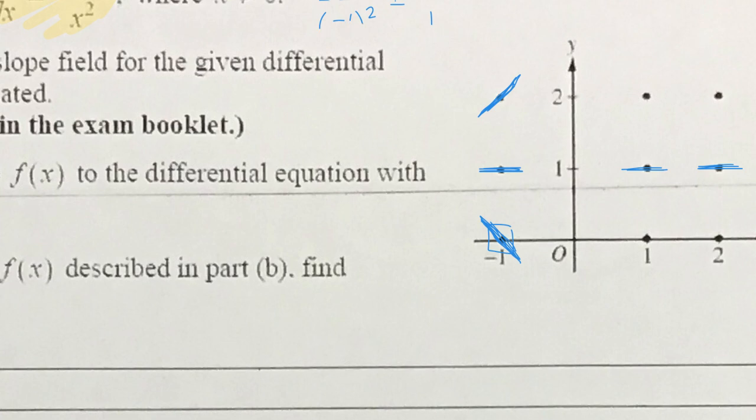We're going to change your denominator now to positive 1 squared, which is just 1, so that's not really a big deal. (0 minus 1) over 1 is once again -1, so at 1 comma 0 we have a -1 slope. At y equals 1 we have a 0 slope. And what about at 2? When y is 2, 2 minus 1 is still 1, so we once again have a positive 1 slope at the point 1 comma 2.